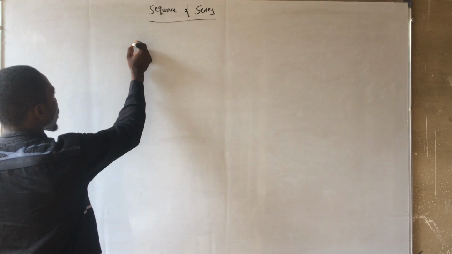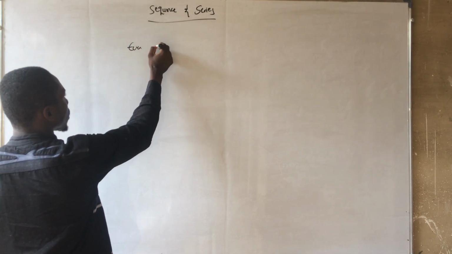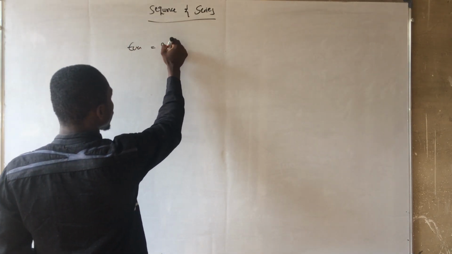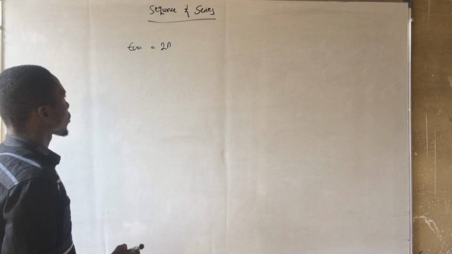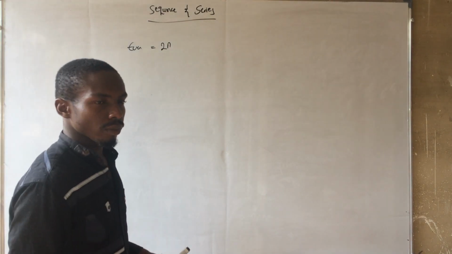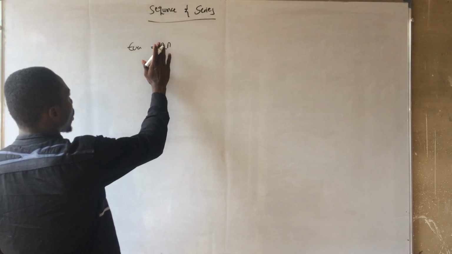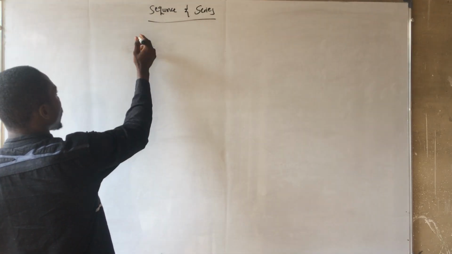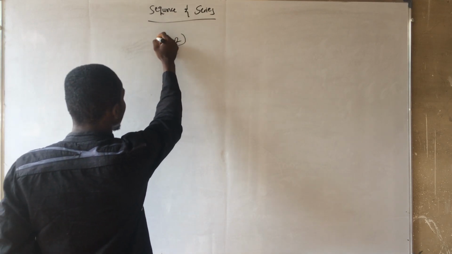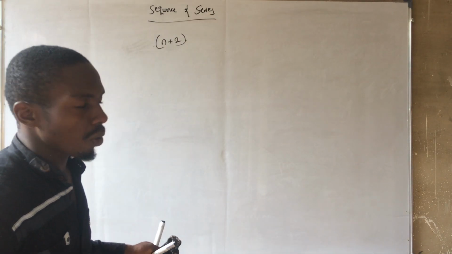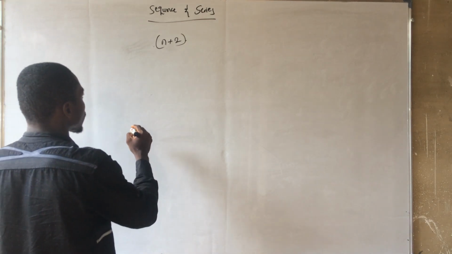For example, we have the even numbers, which is 2n. What if we have something like that? Or let me say, what if we have a number n plus 2? Now this is the formula we want to work with.